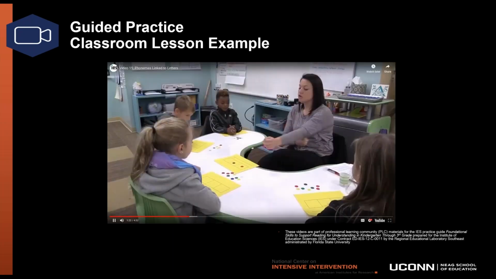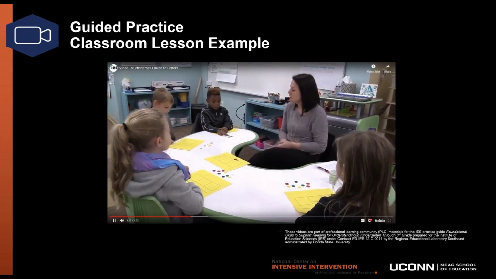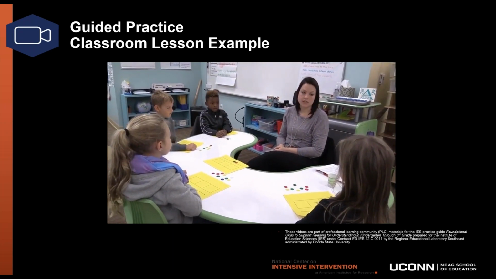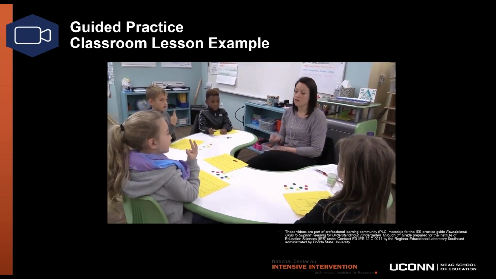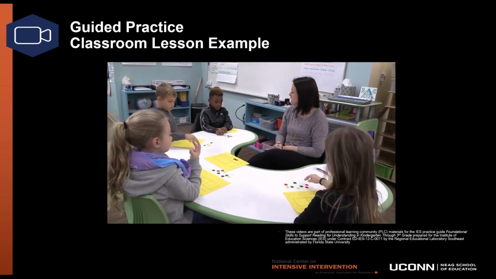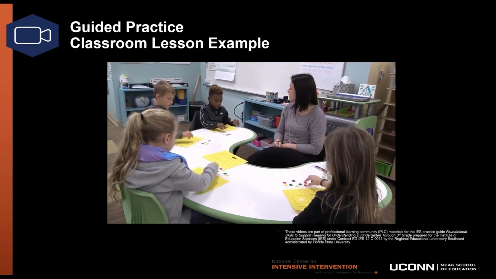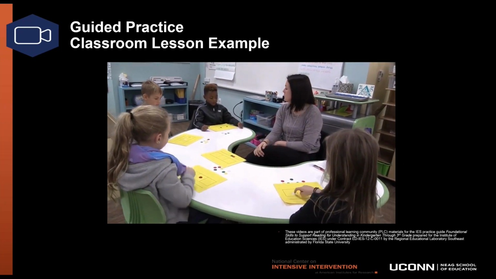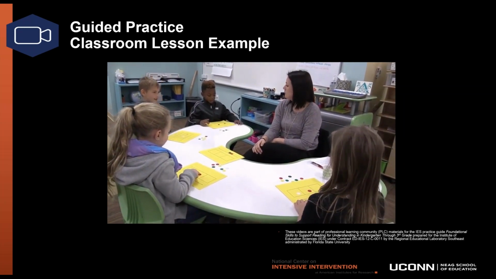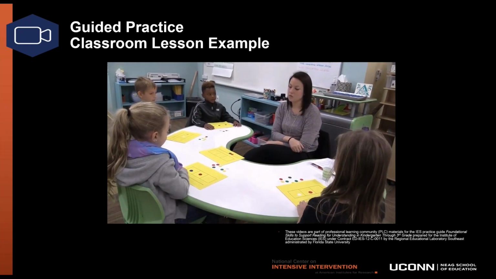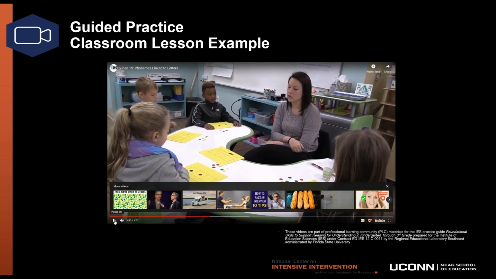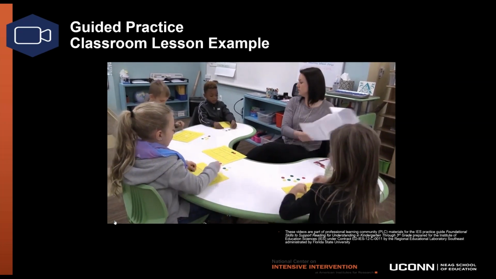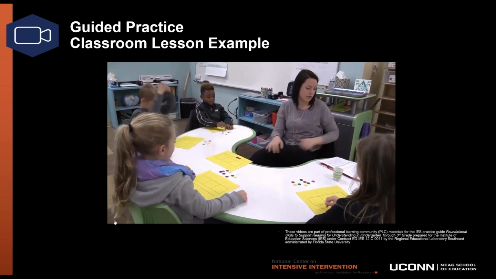Your first word is tea. Say tea. Tea. Hold up one finger for each sound you hear in tea. Touch your chips and move them as you say each sound you hear in tea. Touch each chip and say the sounds in the word. Use your finger to track and read the word. Sorry about that. Tea. Good job. All right. The next word, go ahead and clear your chips. The next word we're going to do is sun.